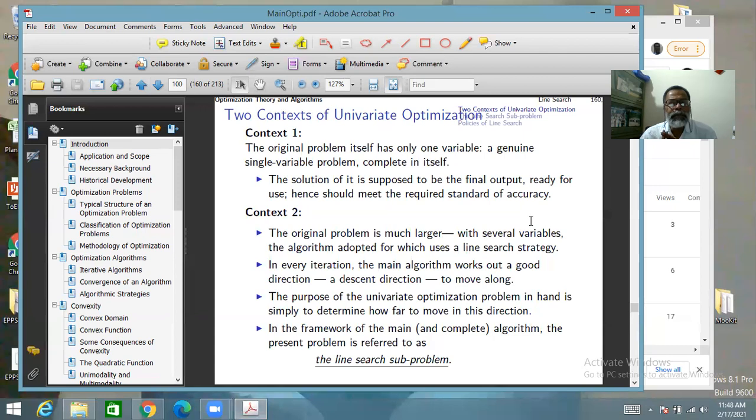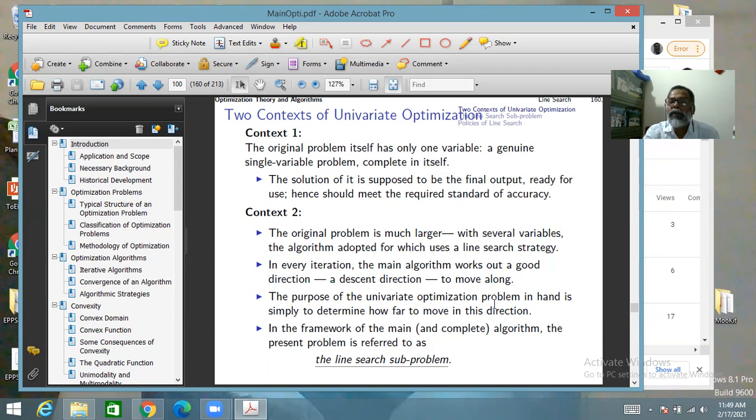So in every iteration, after deciding on a direction, the algorithm requires a line search. In that, along a descent direction, one has to get the minimum of the function. And when the direction is chosen, then the problem becomes basically of a single variable. And that is how single variable problems appear in line search.